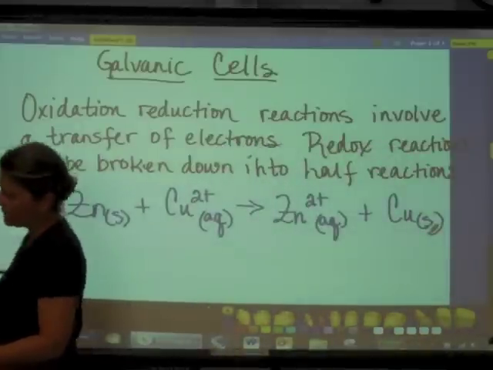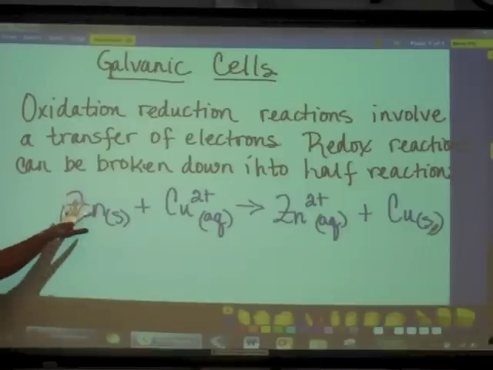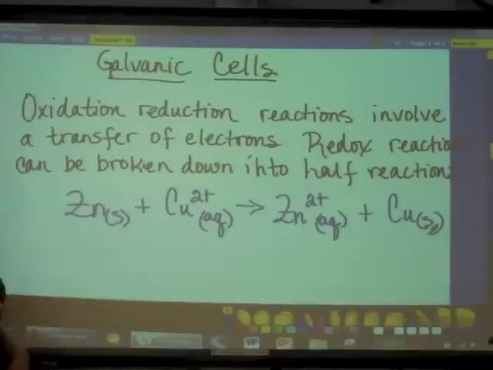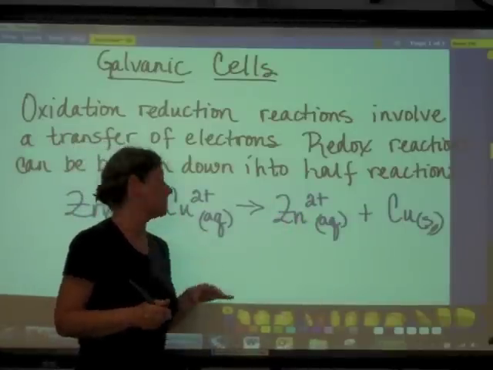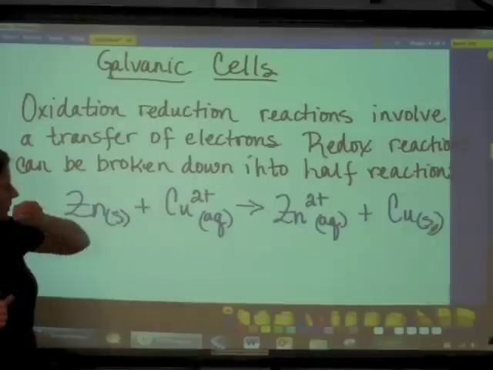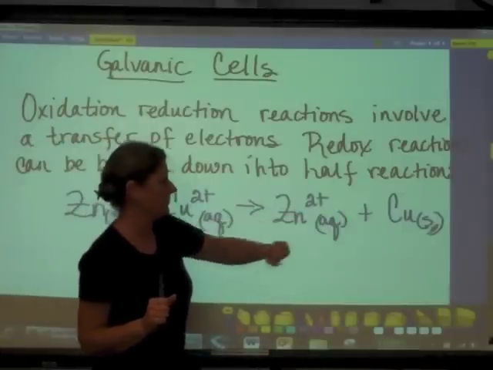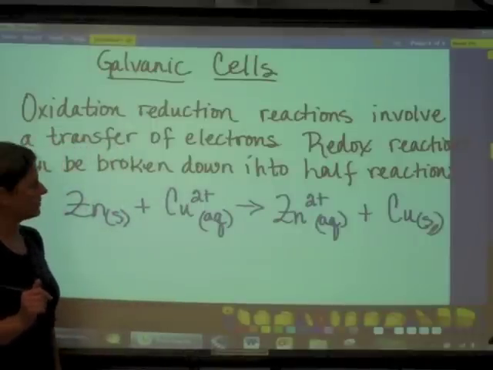What's being oxidized? What is losing electrons? Zinc is going from an oxidation state of 0 to positive 2, so zinc is being oxidized, and copper is going from positive 2 to 0, elemental. Grr, it's gaining electrons, it's being reduced.